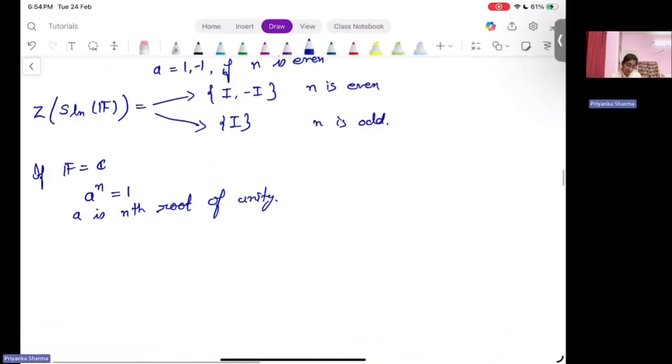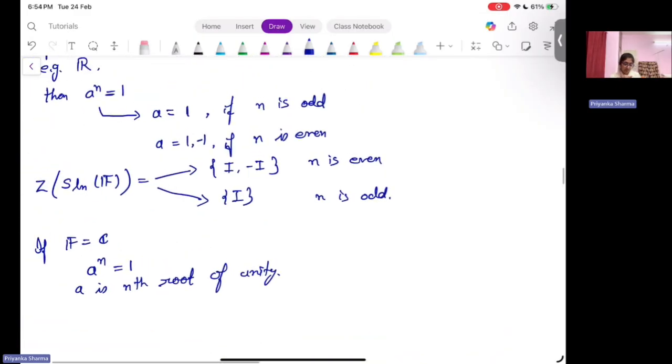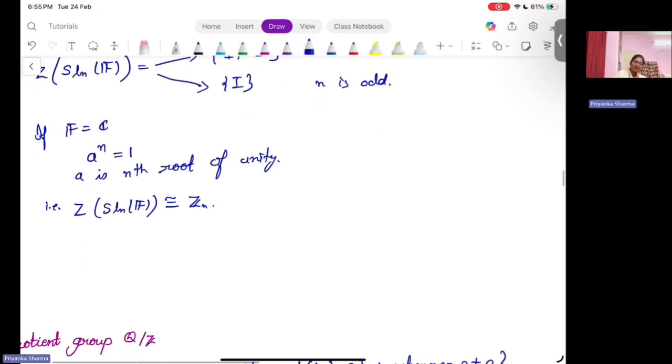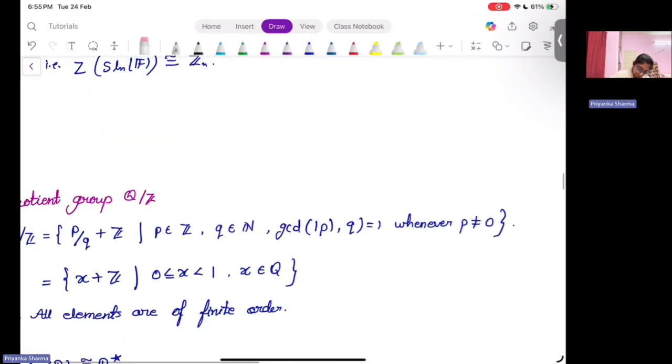It means the center will be isomorphic to Z_n in this case, with respect to nth roots of unity.